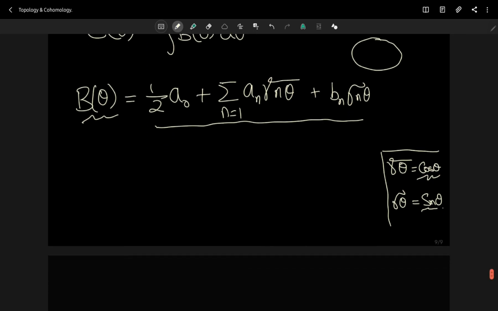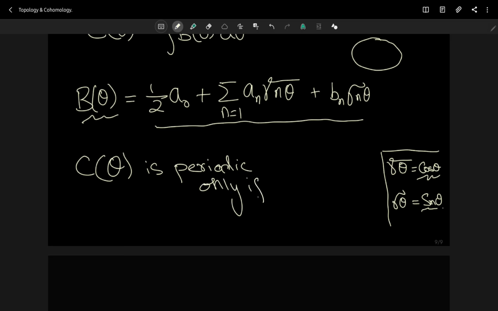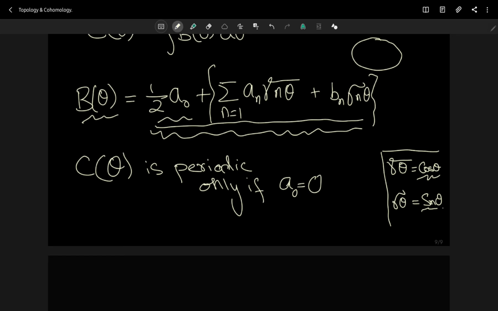What we discover from this is that c of theta is periodic only if, well, if you look at this, we only have periodic functions in this part. So if a naught is 0, then we can say that c of theta is periodic.